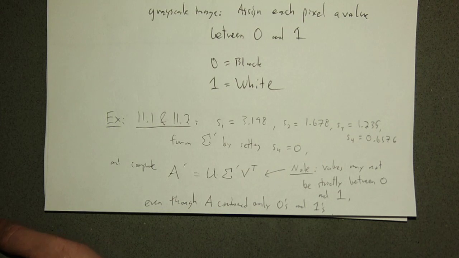So the notes mention there's two possible approaches. So the first would be to renormalize the values between 0 and 1. But there's a reason not to do this.